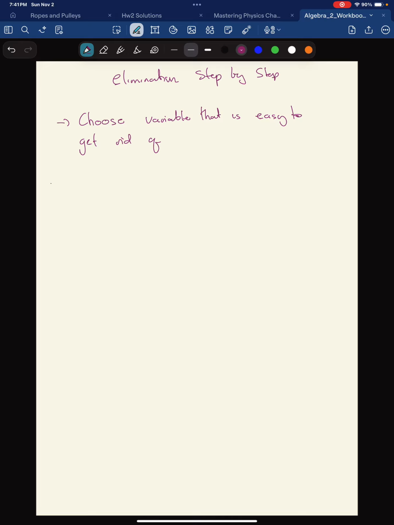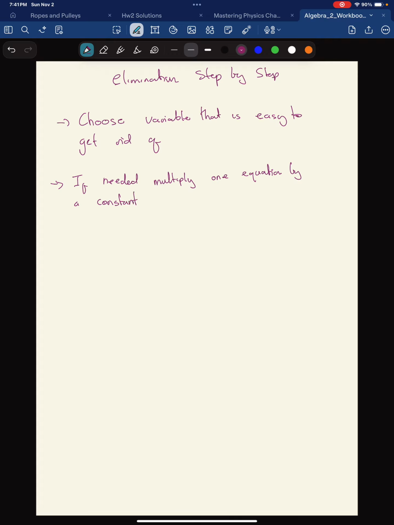Then multiply. Sometimes you don't need to, sometimes you really don't need to. So if needed, multiply one equation by a constant.